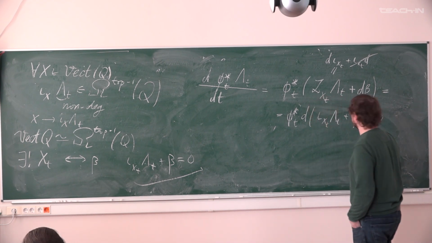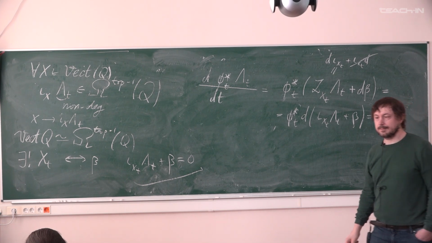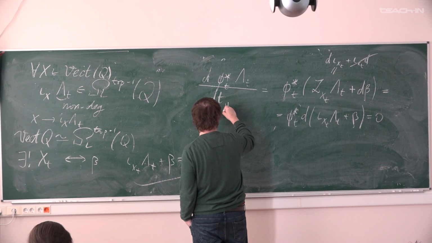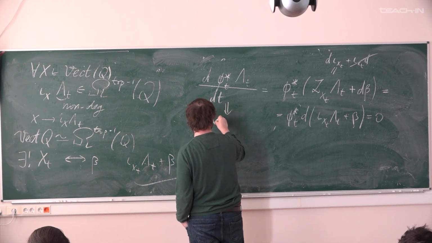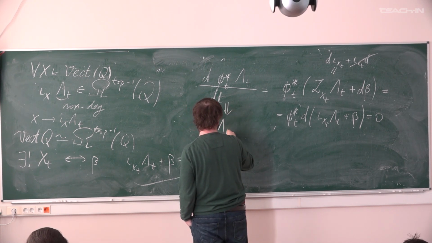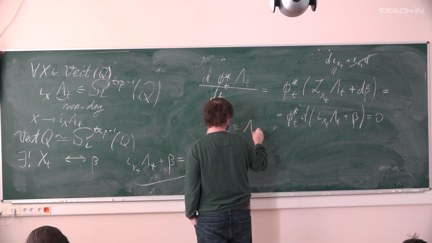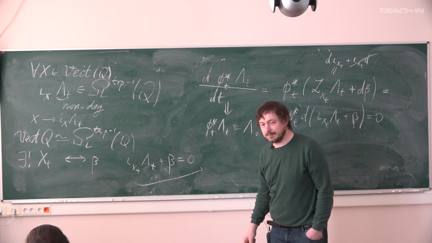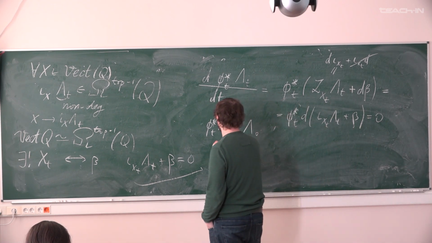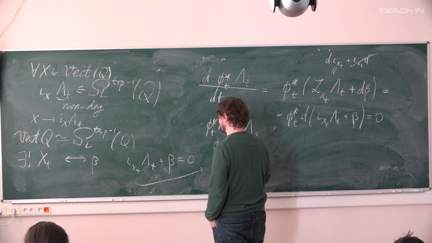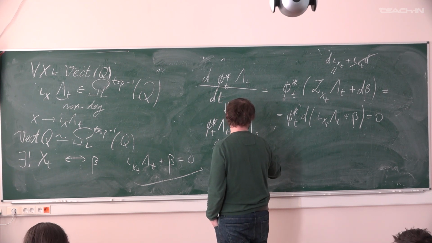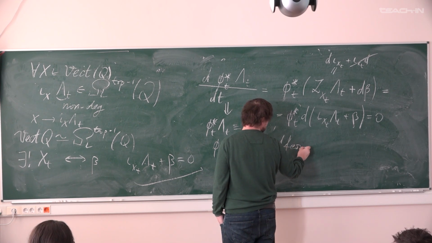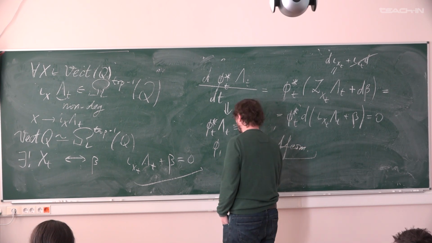And that's 0. Right? So it means that it is constant, and it will be equal to lambda 0 at t equal to 0. And so phi 1 verifies this condition. Very nice theorem.